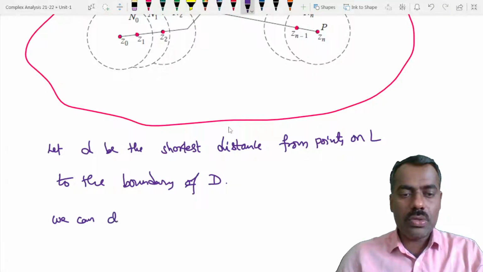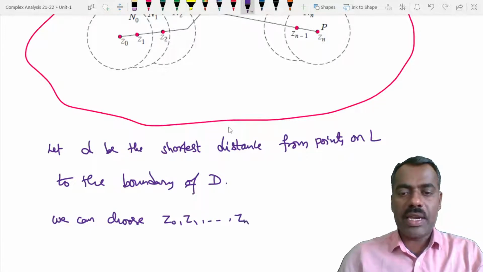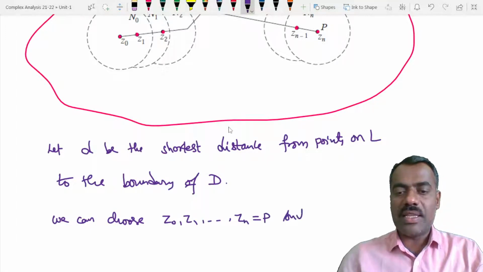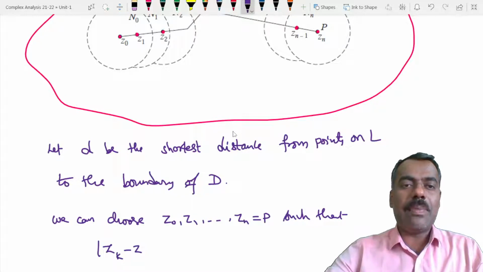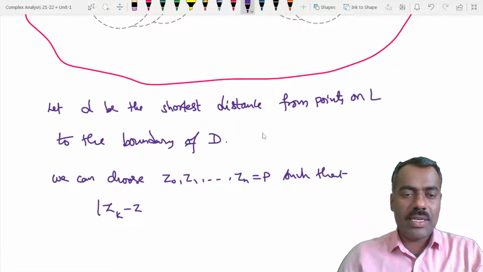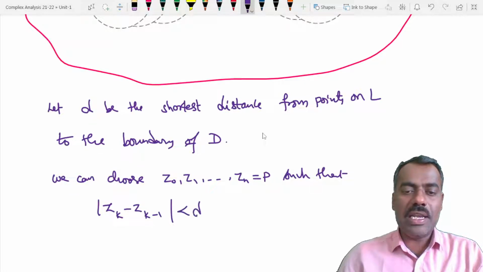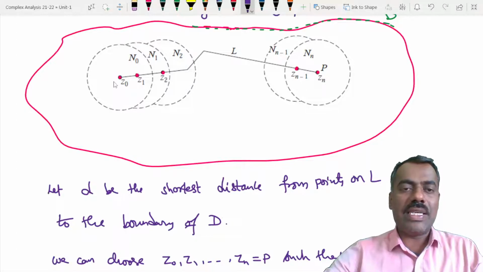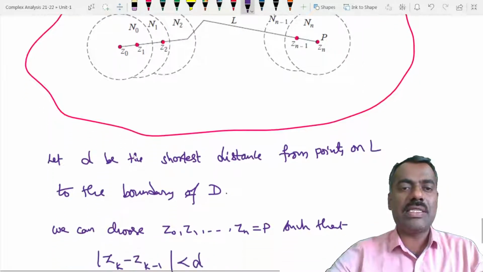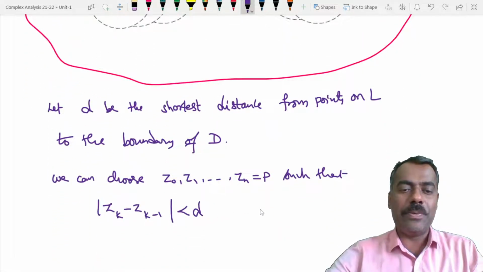We can choose z0, z1 up to zn equal to p, such that the distance zk plus 1 minus zk is strictly less than d. This is always possible, because z0 is given, so on this polygonal line you find a point whose distance is, for example, d by 2.